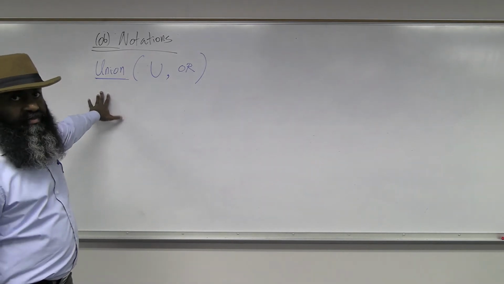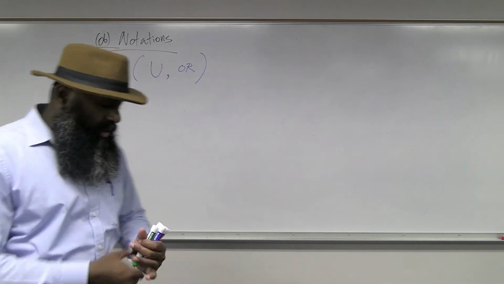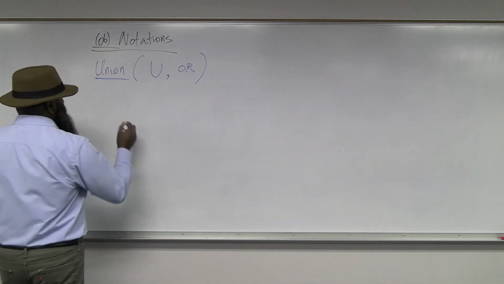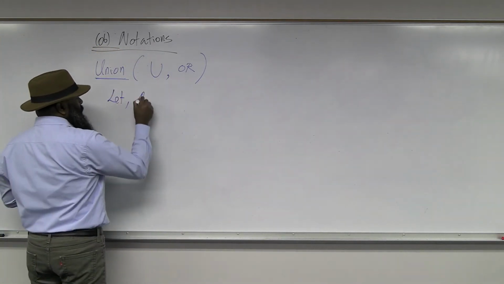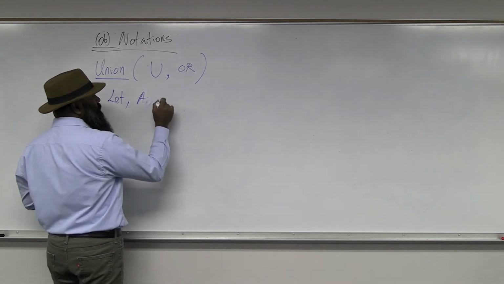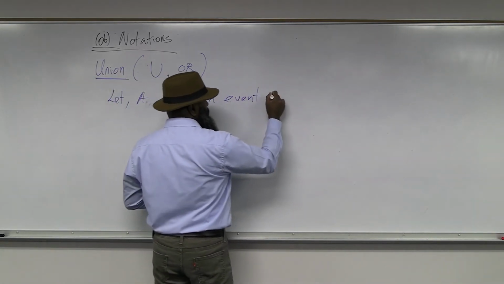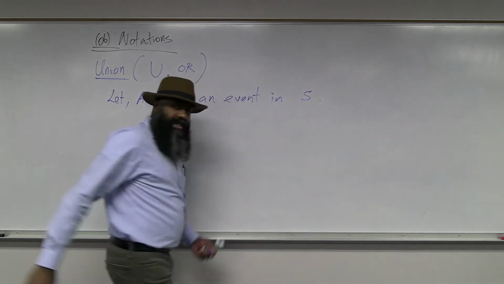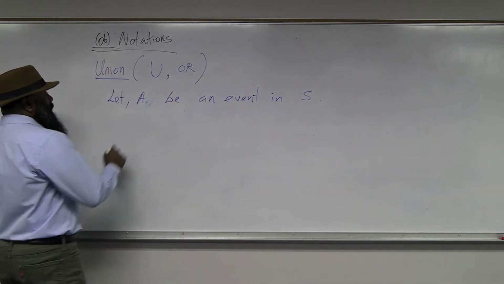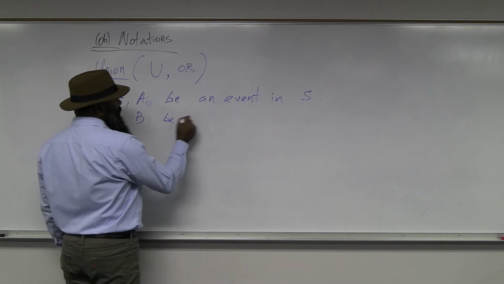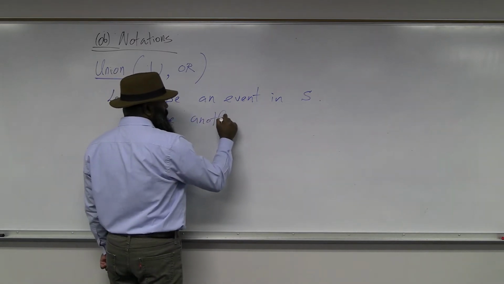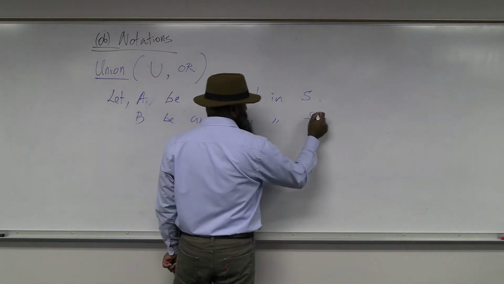So what are the events? We already defined the events. So I will let A be one event in S, where S is the sample space, and I will let B also be another event in the same sample space.